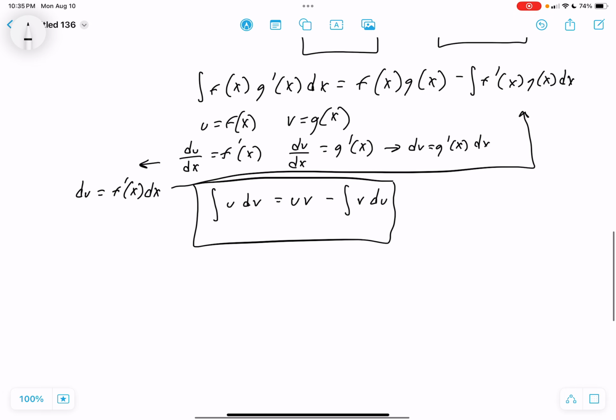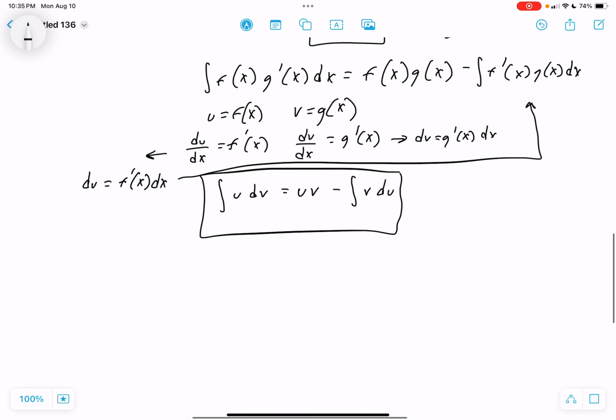In AP Calculus BC you will have to evaluate indefinite integrals by integration by parts and definite integrals by integration by parts. And I think we should start with some examples. There's a technique to identify which function you want to use as your u and which function you want to use as your dv. It's called LIATE.